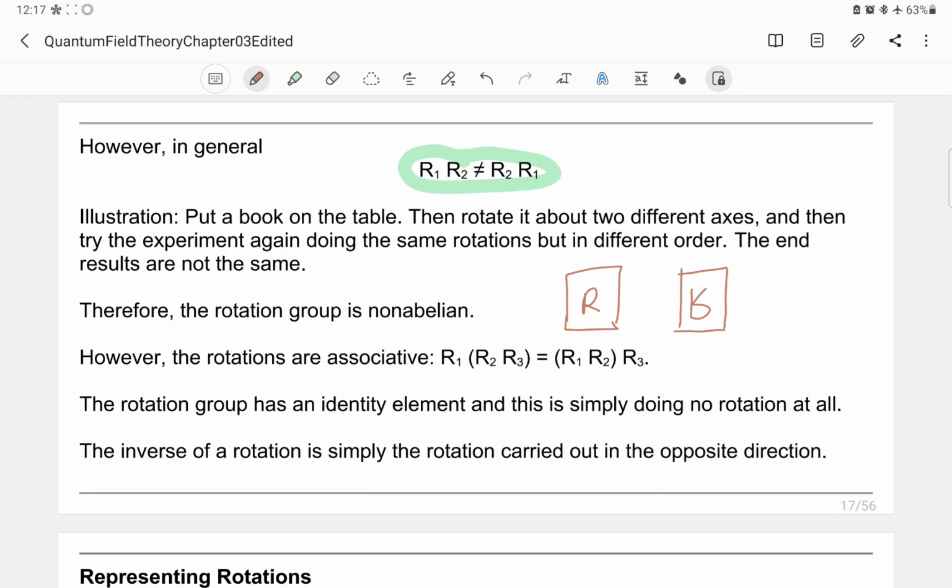And then if we rotate on the, say for example, z-axis, this would just look like that.